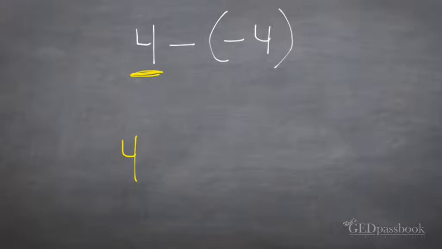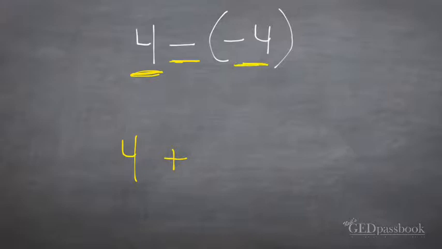So that was keep, then you change. So you change your operation, and then you got to change the second number. So if we change the operation from a minus to its opposite, which is addition, you now have a plus sign.